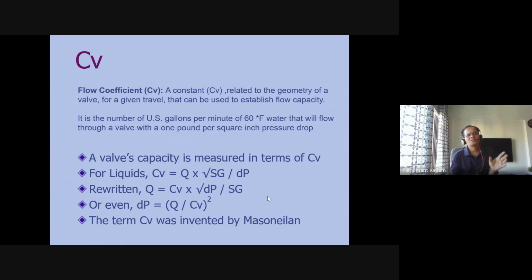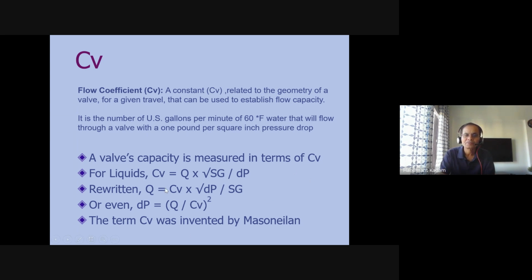Normally this definition is always asked in interviews and aptitude tests in the beginning. Later on we get through, but initially we get confused about what CV is. So my advice is to go through the definition and try to understand how it is important to valve design. So valve capacity is measured in terms of CV.